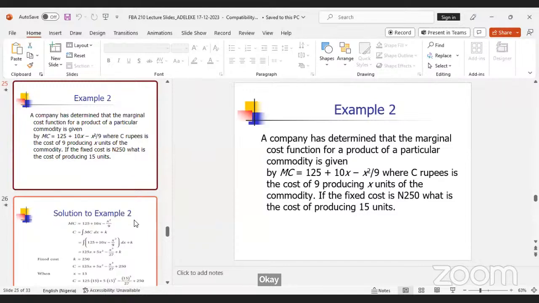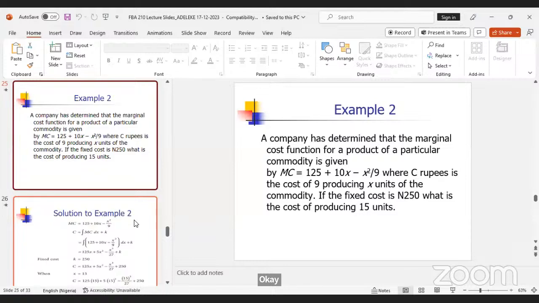And then you have a fixed cost for producing, and you are asked to find the cost of producing 15 units.